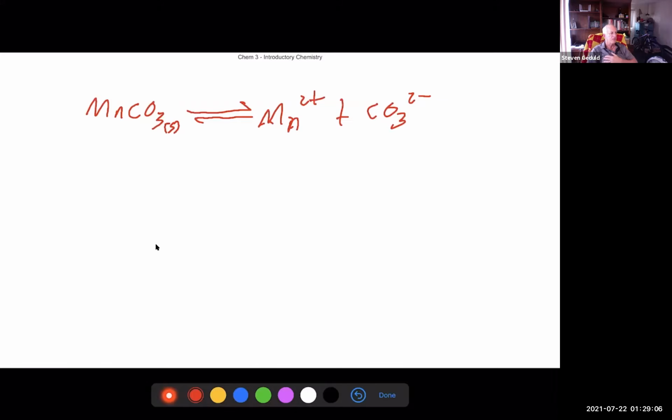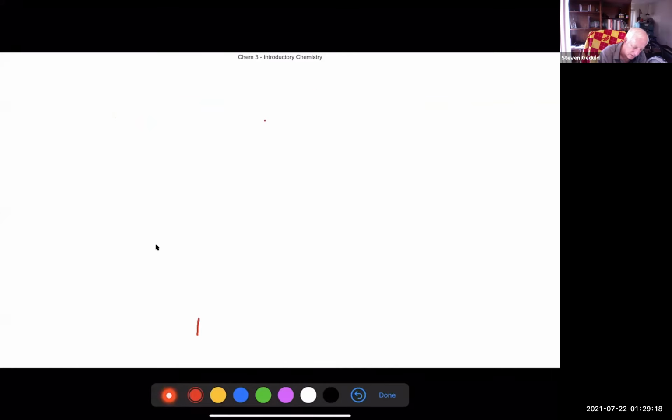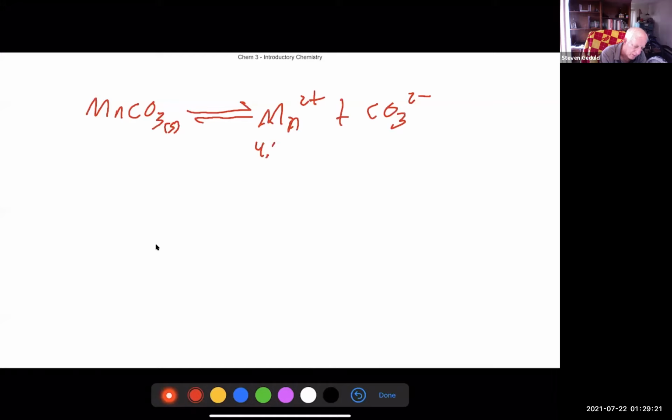Okay, it says a saturated solution of manganese 2 carbonate at 25 degrees Celsius, both manganese 2 plus and carbonate 2 minus are equal, and they both equal 4.73 times 10 to the minus 6. And they're both equal to that, right? 4.73 times 10 to the minus 6.